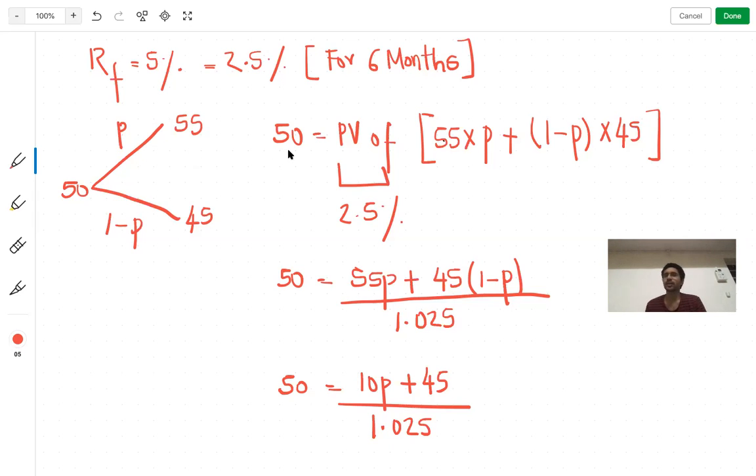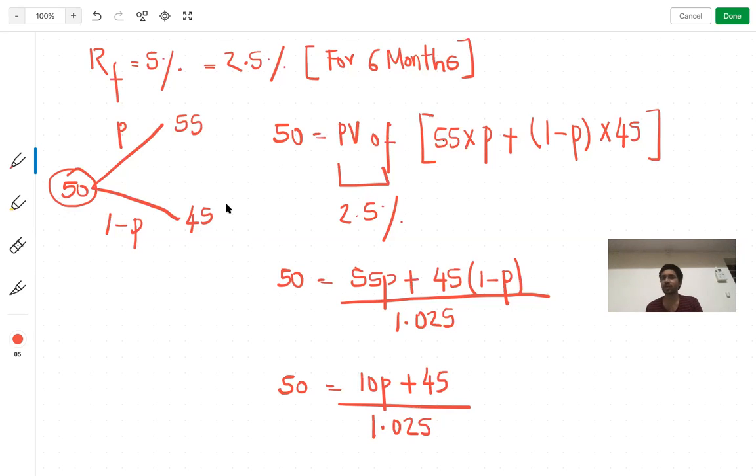And then we placed ourselves as risk neutral investors. We see a share price of 50 today. This share price of 50 should be equal to the present value of the expected future cash flow.